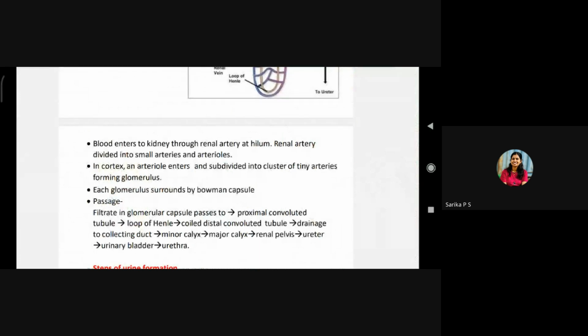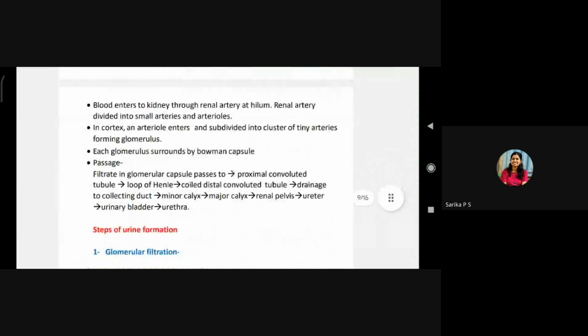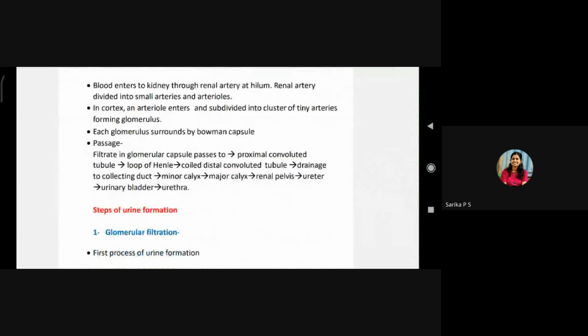Renal artery divided into small arteries and arterioles in cortex, and arteriole enters and subdivided into cluster of tiny arteries forming glomerulus. Each glomerulus is surrounded by Bowman capsule. Now, what is the passage?